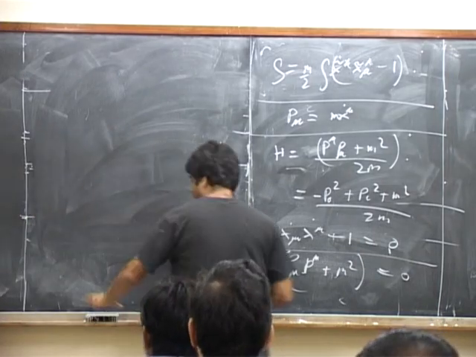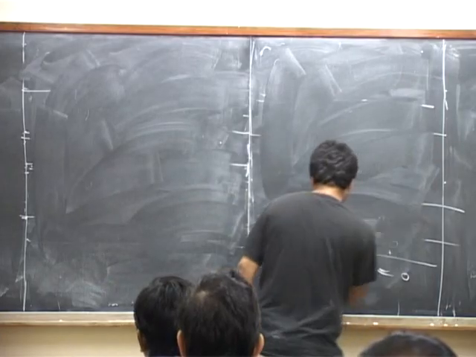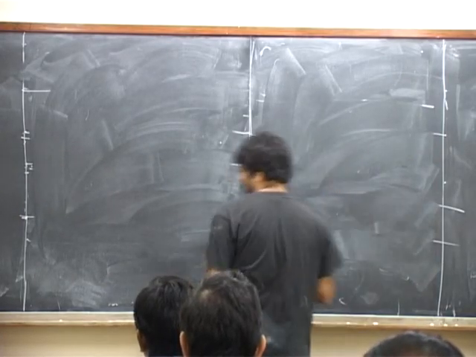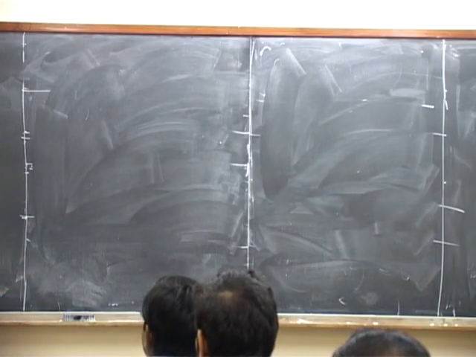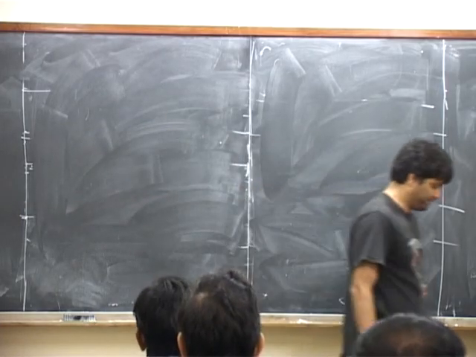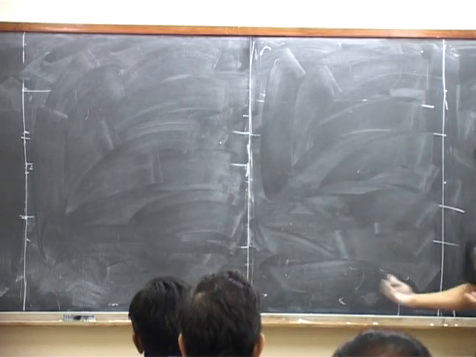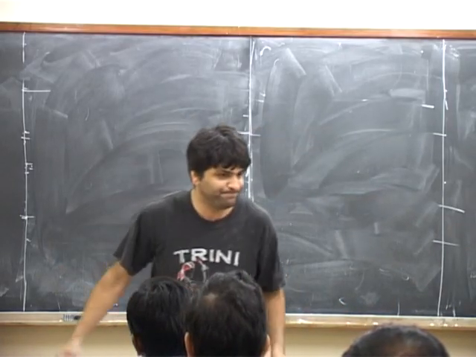Okay. Fine. Now, what we're going to try to do is to quantize the motion of what's called a bosonic string. What does the word bosonic mean? Well, it means that the result of this quantization will give us particles in space-time that are only bosonic.